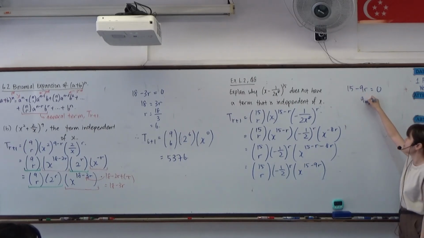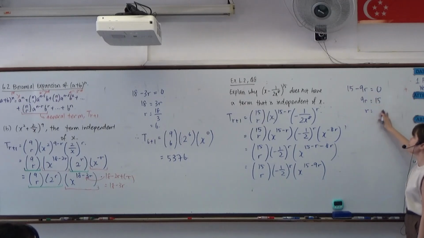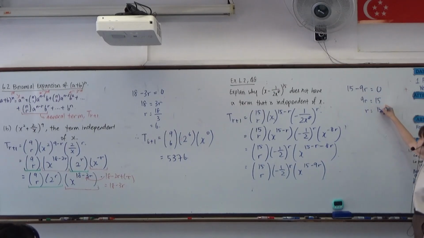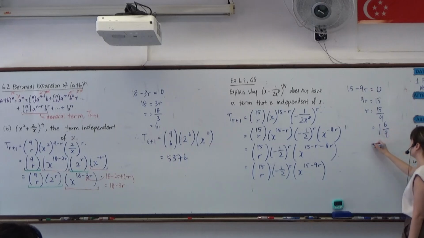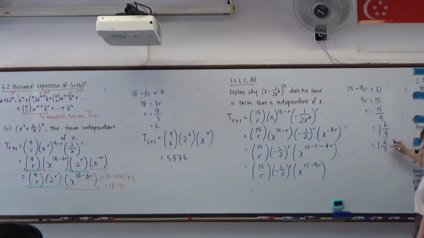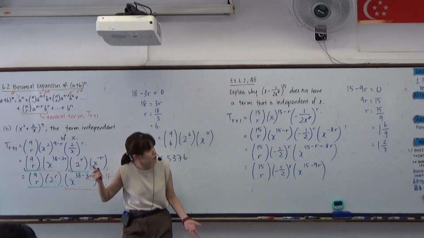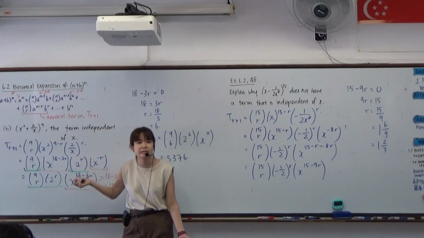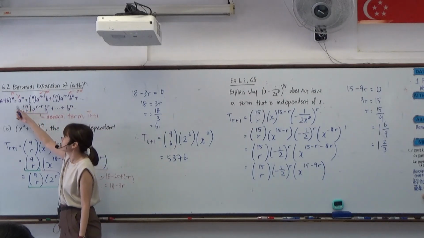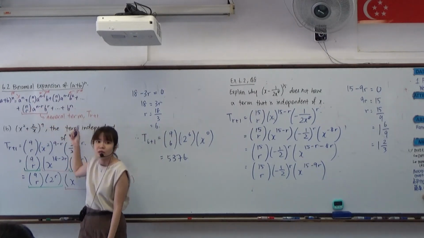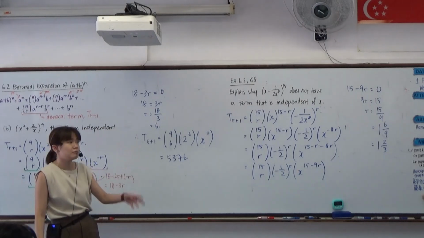But if I try to solve this, I will find that my value of r is going to be 15 over 9, or if I put it into a mixed number, 1 and 6 over 9, or 1 and 2 over 3. Can my r actually be a fraction? Cannot, because if r is a fraction, we're looking at a 2 and 2 over 3 term. It doesn't make sense, right? Our term is being counted in whole number form. We cannot count a fractional term.